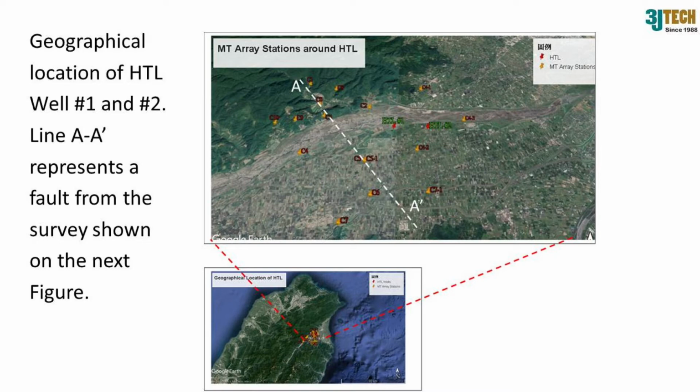HTL2 discharged clean water with a flow rate of 130 tons per hour without obvious calcium or silicate precipitation. It is believed that the well intersected a fault, probably the Lanyang River Fault. The low resistivity seems to represent a fault with local alteration on the formation near the surface from the hot fluid.